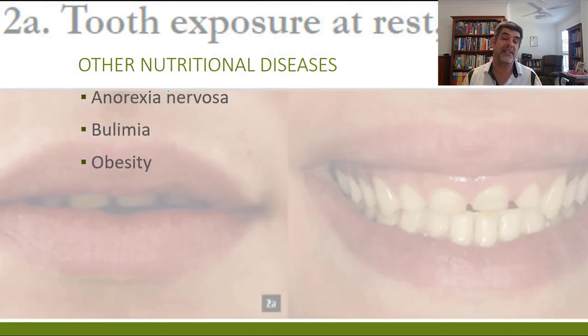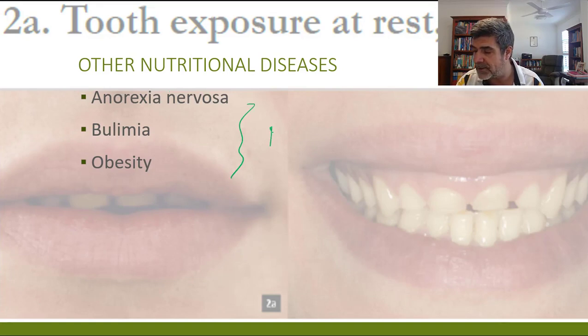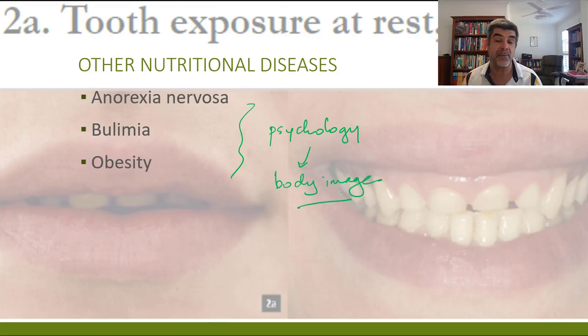Some of these other diseases that can be loosely linked to nutrition often have a much stronger link to psychology. Often these can be related to things like body image, and this remains a problem that we are continuing to deal with in relation to particularly adolescent body image and how that can impact on diet.